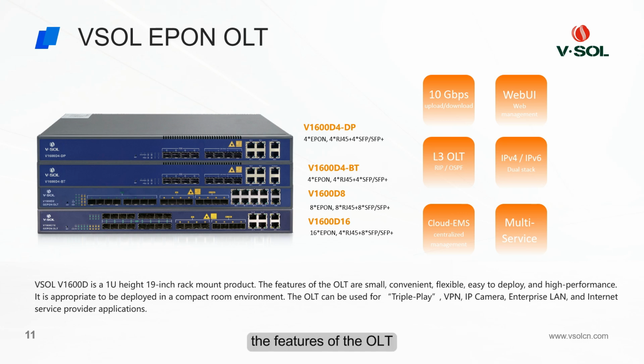The features of the OLT are small, convenient, flexible, easy to deploy, and high performance. It is appropriate to be deployed in a compact room environment. The OLT can be used for triple play, VPN, IP camera, enterprise LAN, and Internet Service Provider applications.